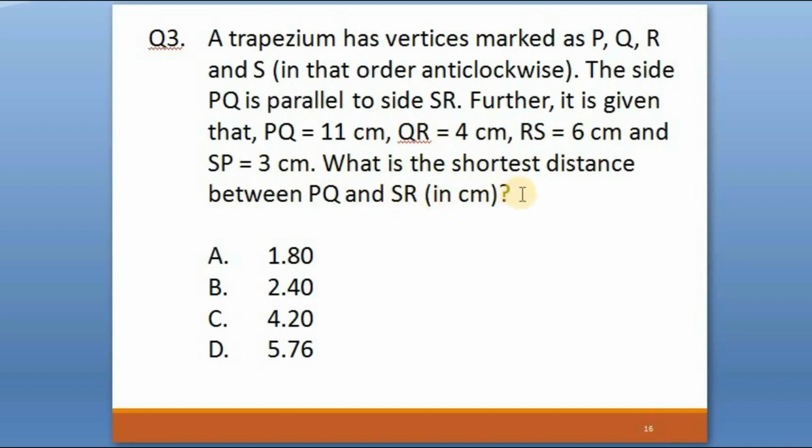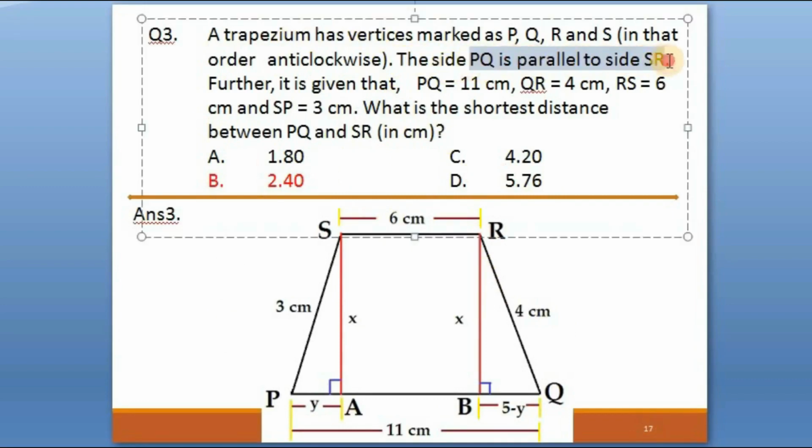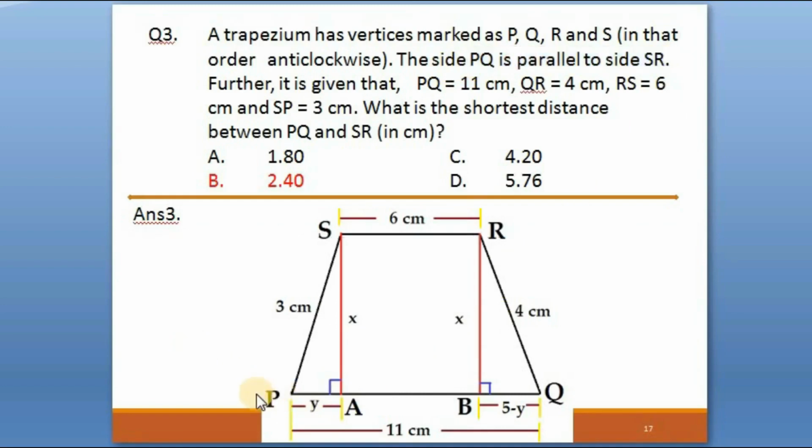First of all, we have to proceed with the desired shape, so we will try to make a diagram out of this statement. The condition is given that PQ is parallel to SR. As you see on the screen, PQ is parallel to SR, because in a trapezium 2 sides are parallel.